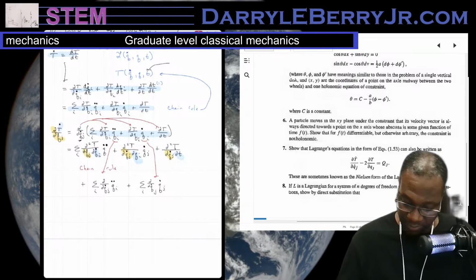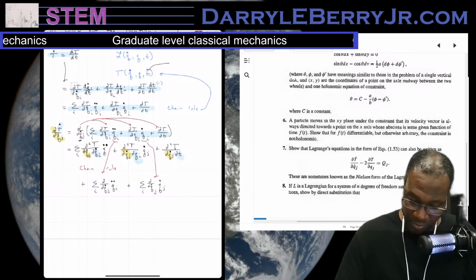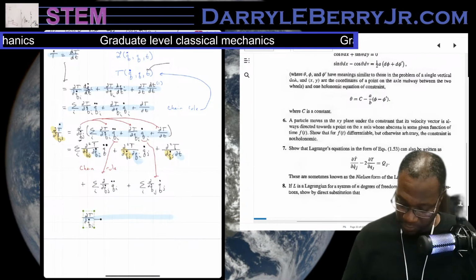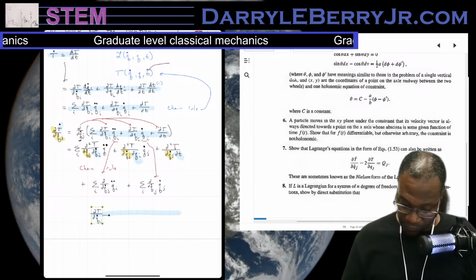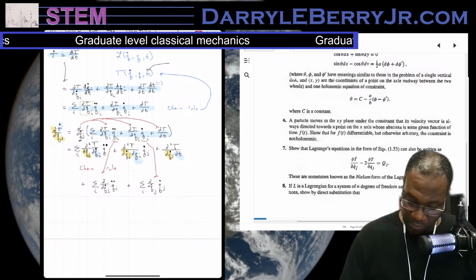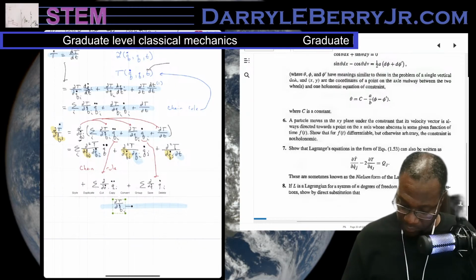And have to keep in mind that the first part of these is just a constant, so it stays there. So this one is with the q double dot one.